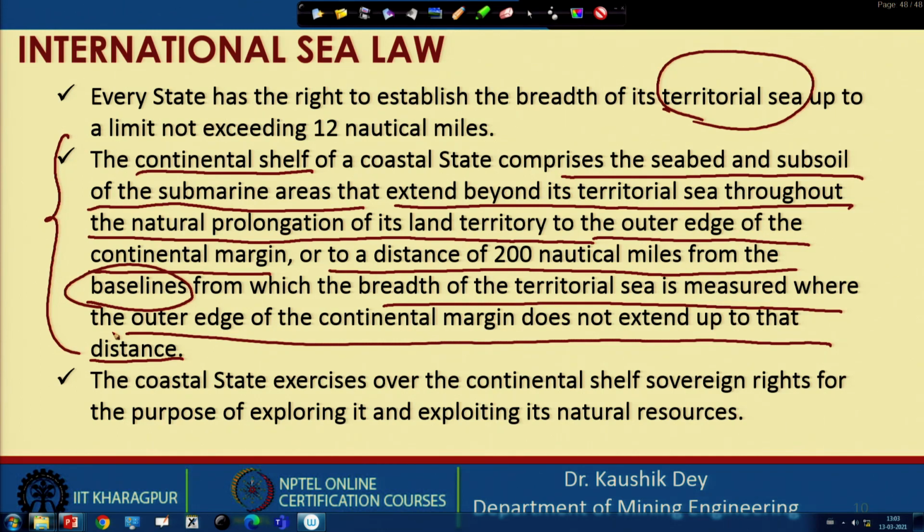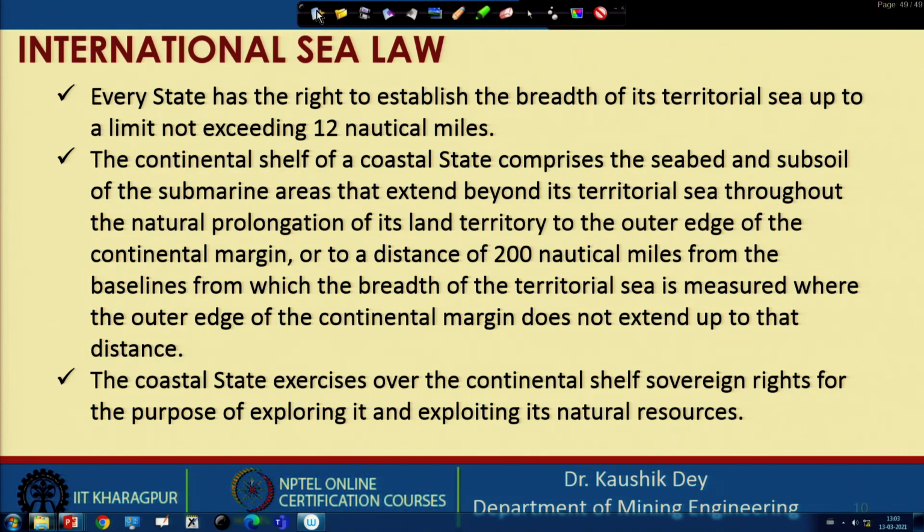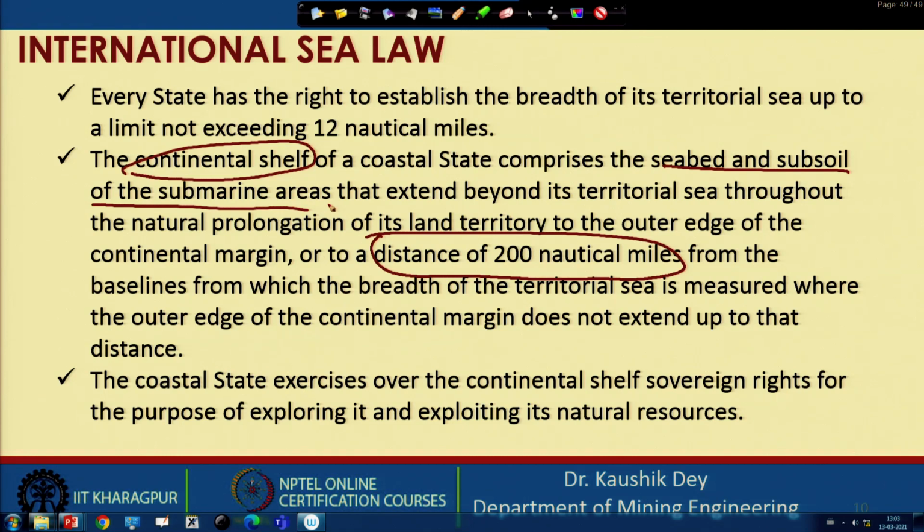That means it allows a distance up to 200 nautical miles to be considered as the continental shelf, and that territory has a right on the seabed and subsoil of that marine area.